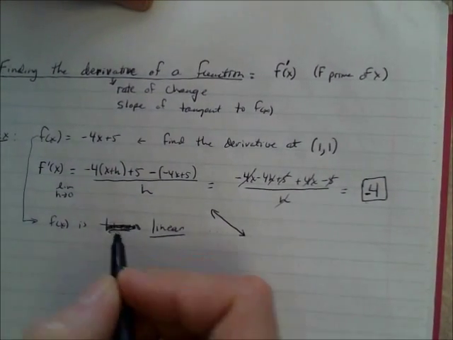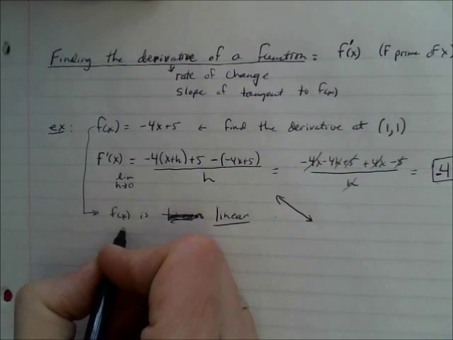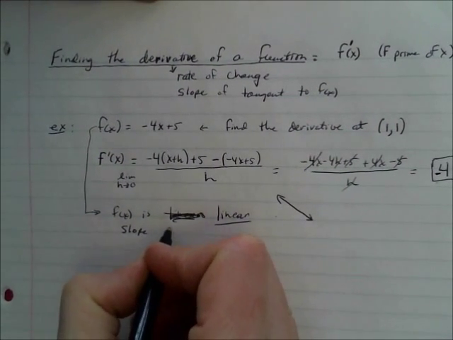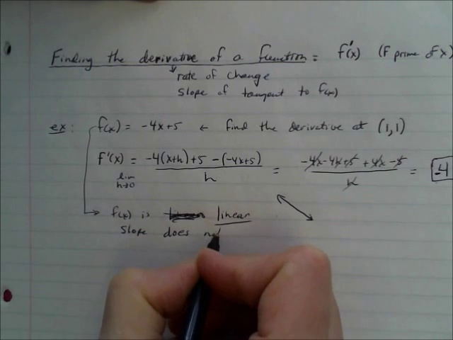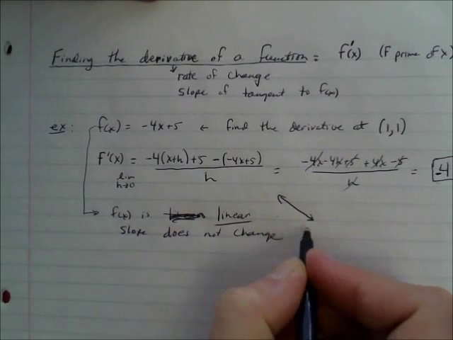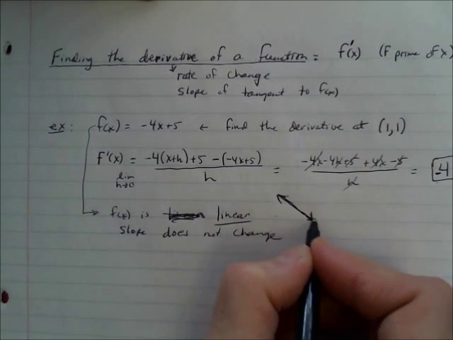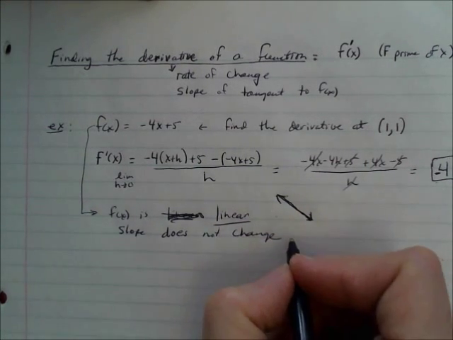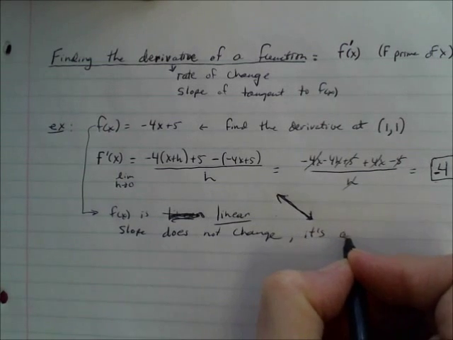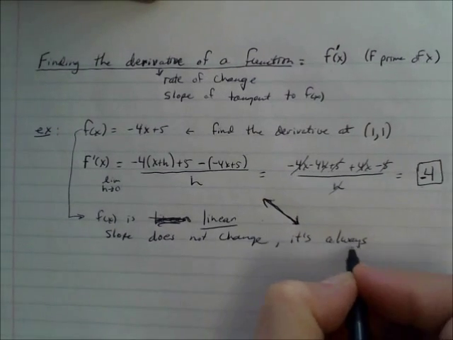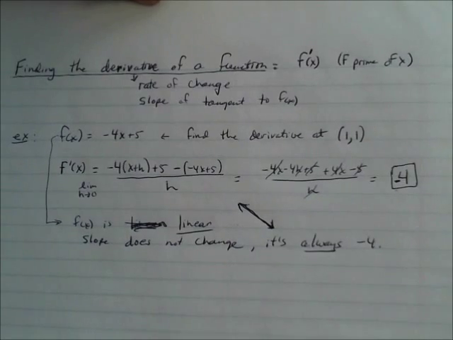So this function is linear. The slope does not change as you move along this graph from anywhere to anywhere else. The slope does not change. It's always negative 4.